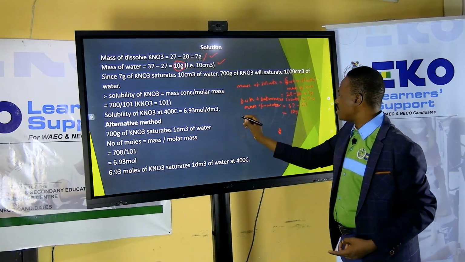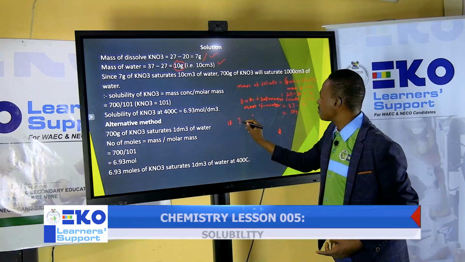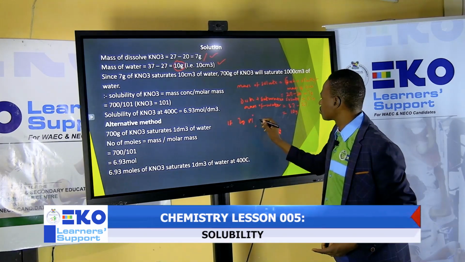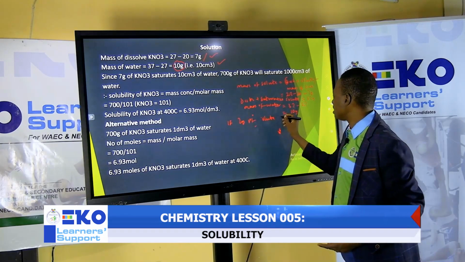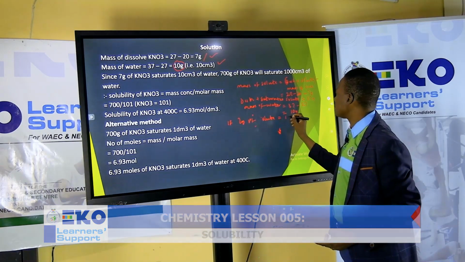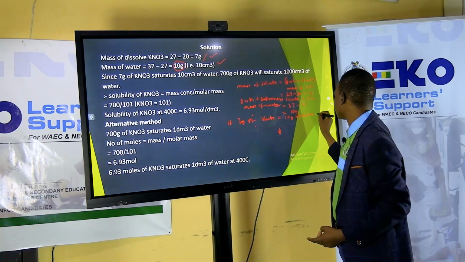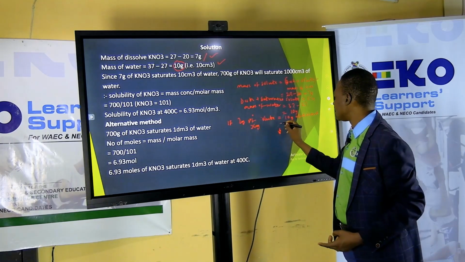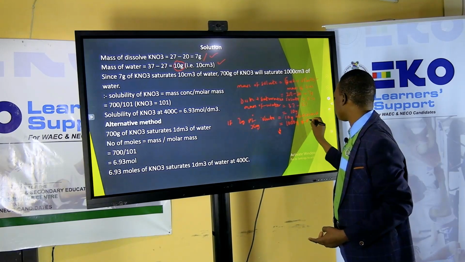So the next step will be, if 7 grams of solutes is equal to 10 grams of solvents, we are looking for the maximum amount of solutes in gram that will dissolve in 1000 grams of solvents.